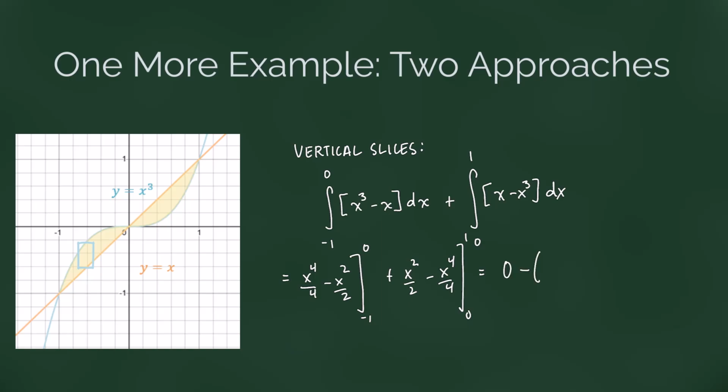Plugging in, we get 0 minus 1/4 minus 1/2. Add to that 1/2 minus 1/4 minus 0. Putting this all together, we see that our area is going to be 1/4 plus 1/4, which is 1/2.